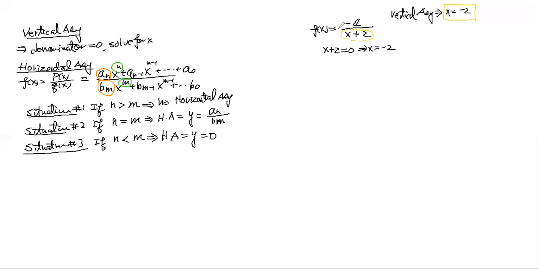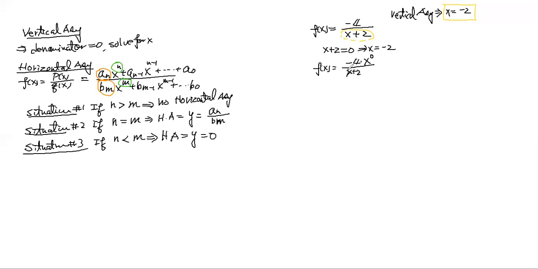So let's take a look at this one here. f of x equals -4 over x plus 2. The -4 you can rewrite as -4 times x to the 0 power, because x to the 0 power is 1.